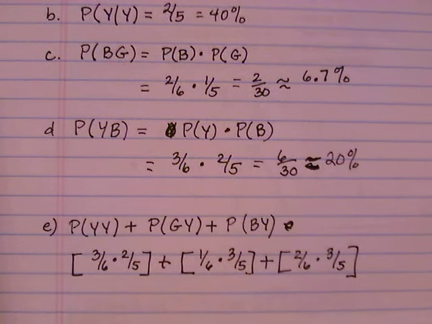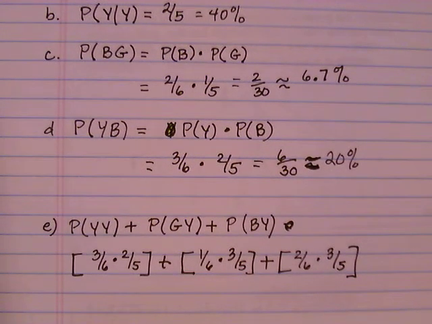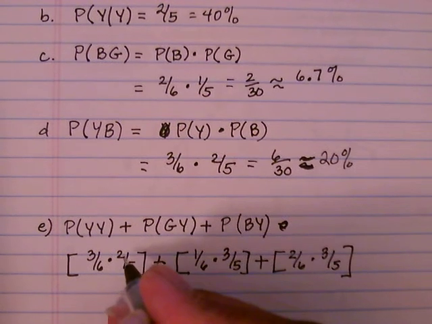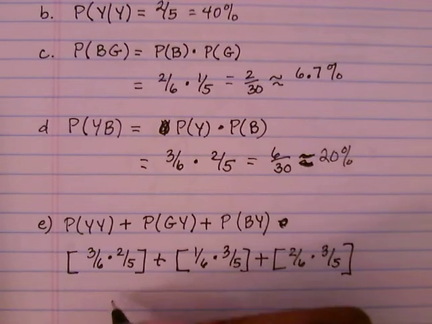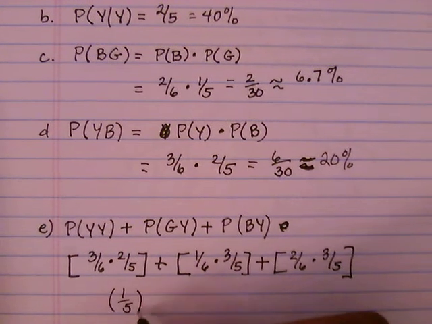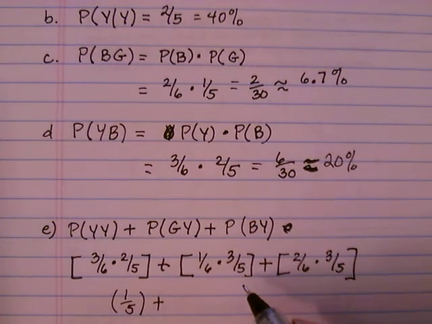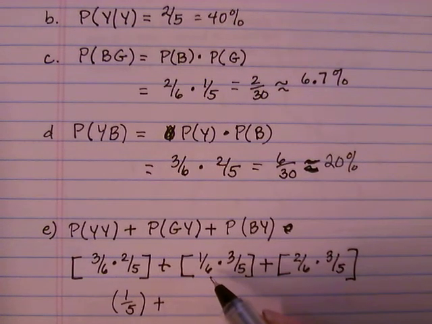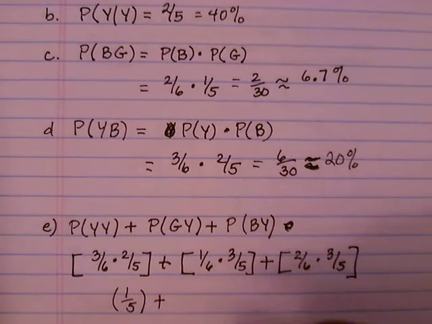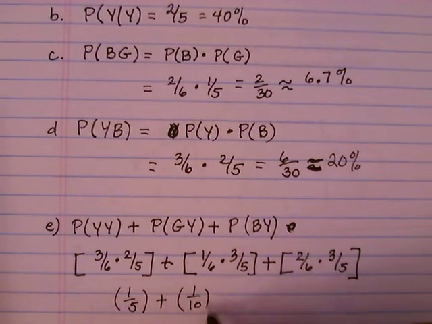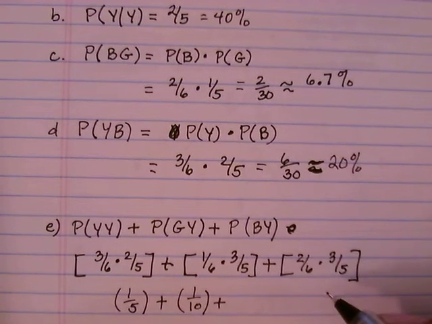So now we're going to multiply what's in those brackets and simplify. 3/6 times 2/5. I know that 3/6 is 1/2 times 2/5 would be 1/5. Plus 1/6 times 3/5. I know that's going to be 1/2 times 1/5 would be 1/10. Plus 2/6 times 3/5. I know that's 1/3.